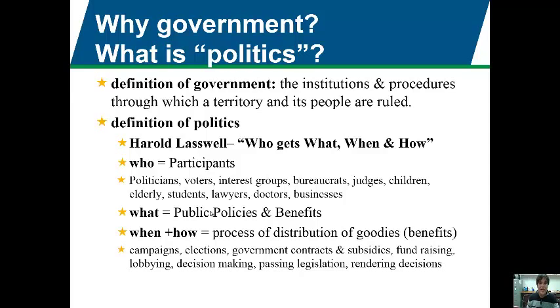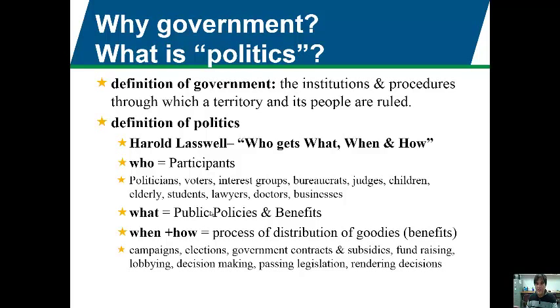Every government has institutions, whether that be the president, Congress, maybe a dictator, or even a tyrant. That's still considered an institution. Every government also goes through procedures, whether that be congressional hearings, court rulings, things like that. They all have institutions and they all have procedures.